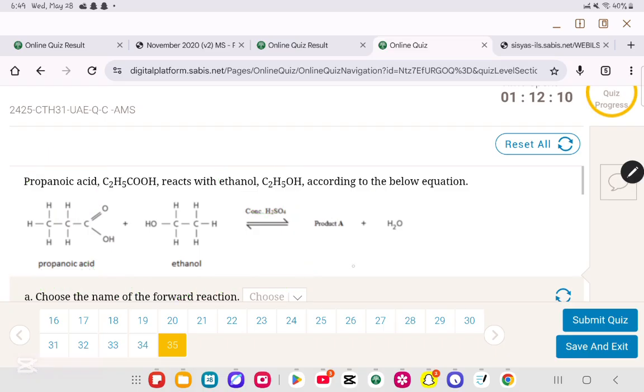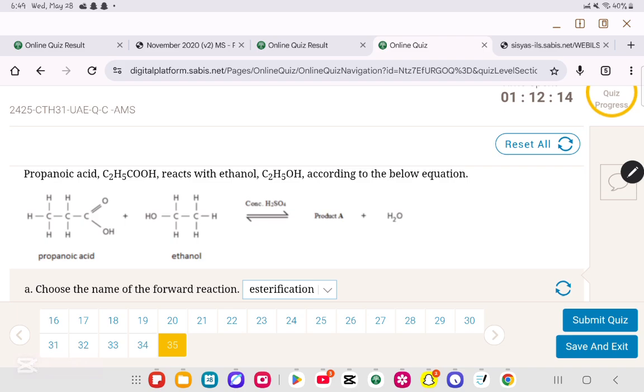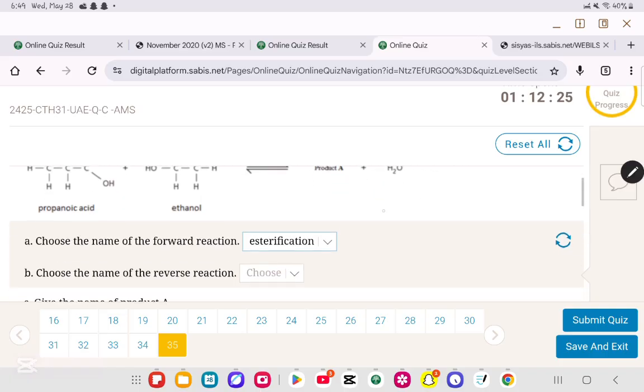This process, the forward reaction, is known as esterification. I forgot to mention, in esterification 2 products form, ester and water. The backward process, you're adding water, so it's like you're hydrating it, so we call it hydrolysis.